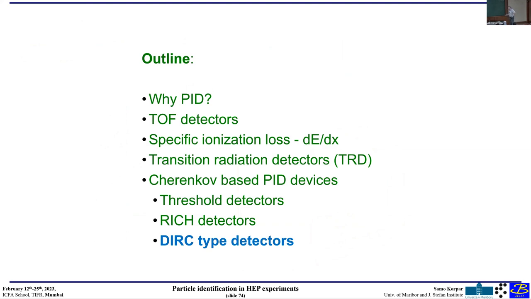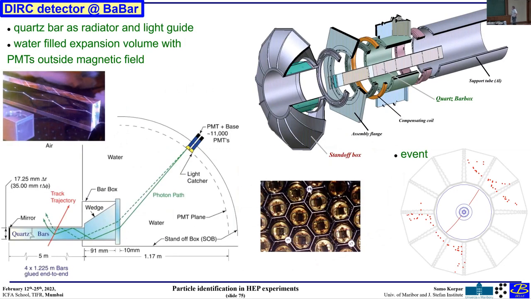So the last part is the detectors of internally reflected light. This was used for BABAR, the second B-factory experiment, kind of a friendly competitor to Belle. Inside the well-polished prism of quartz, the light is basically reflected internally and can be propagated as a light guide.